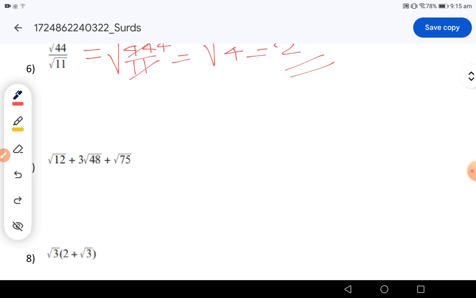Question 7, root 12 plus 3 root 48 plus root 75. So root 12, 4 times 3 plus 3 root 48, 16 times 3 plus root 75, 25 times 3.